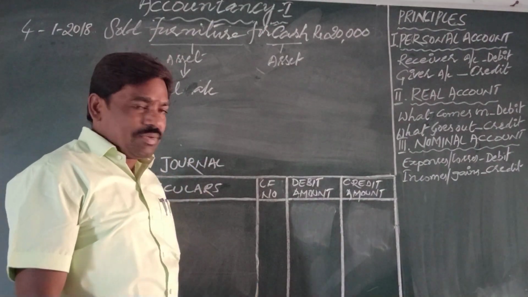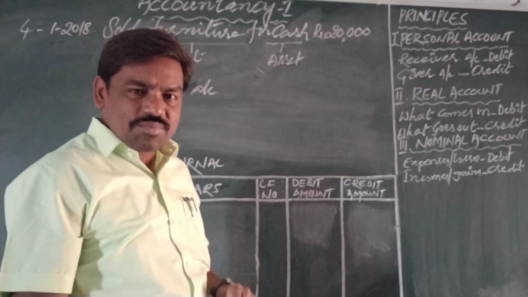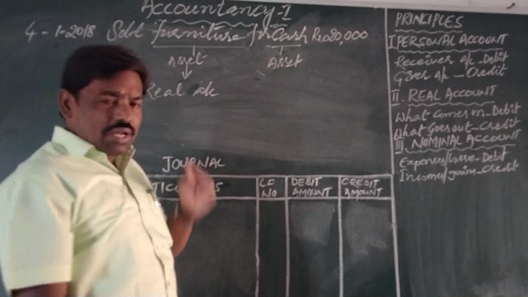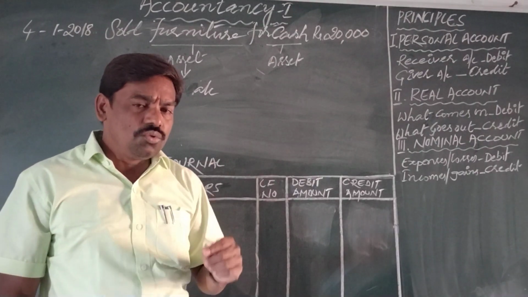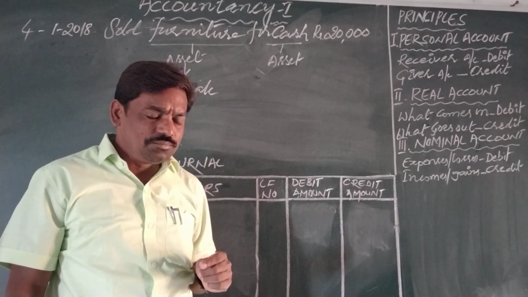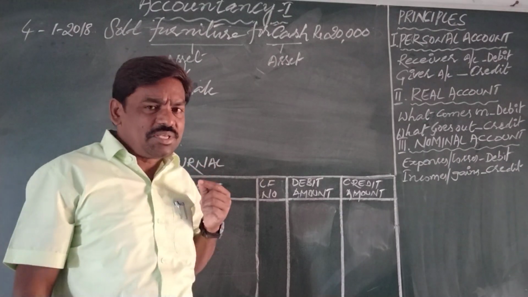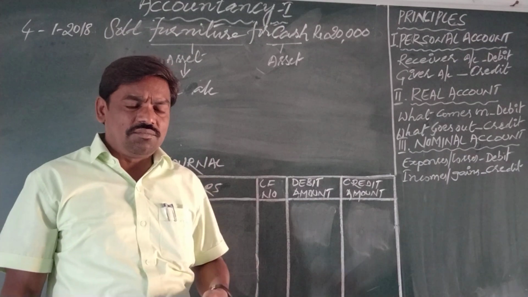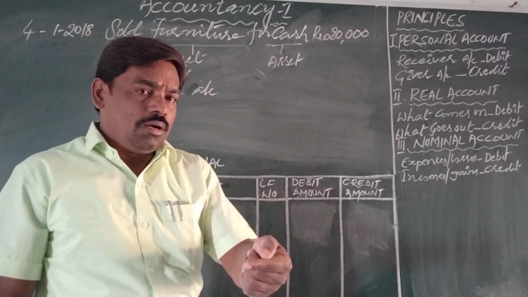What is the real account principle? Debit what comes in, credit what goes out. See here, whenever you sell furniture, is the furniture coming into the business or going out of the business? Ask this question yourself and find the answer.